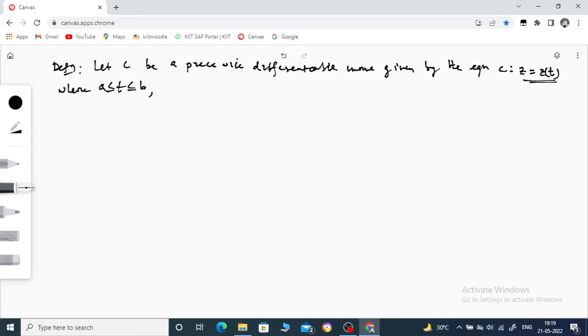Let f of z be a continuous complex valued function. Let this f of z, whose integration you have to do, be a continuous function.